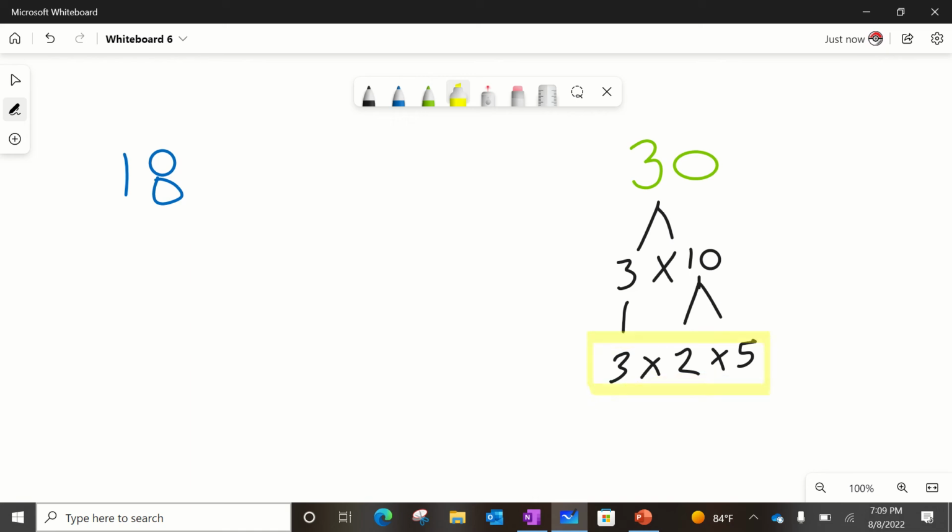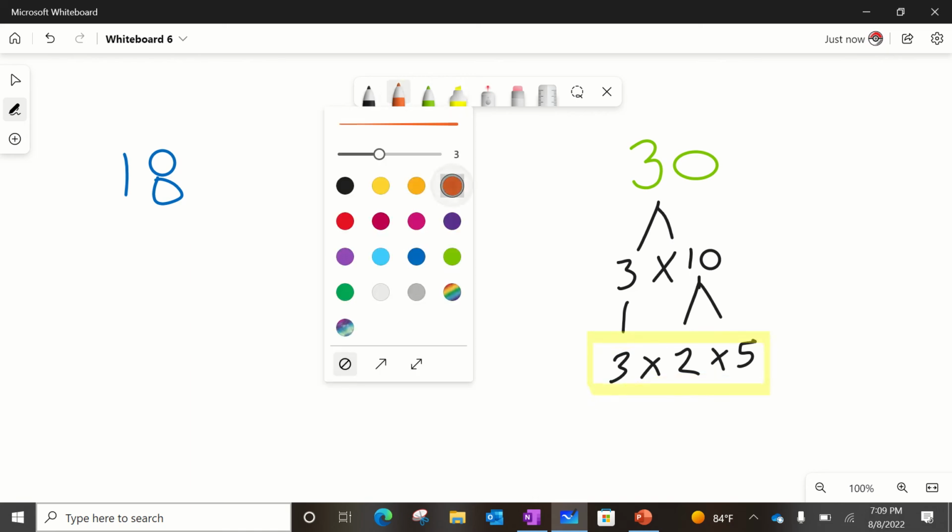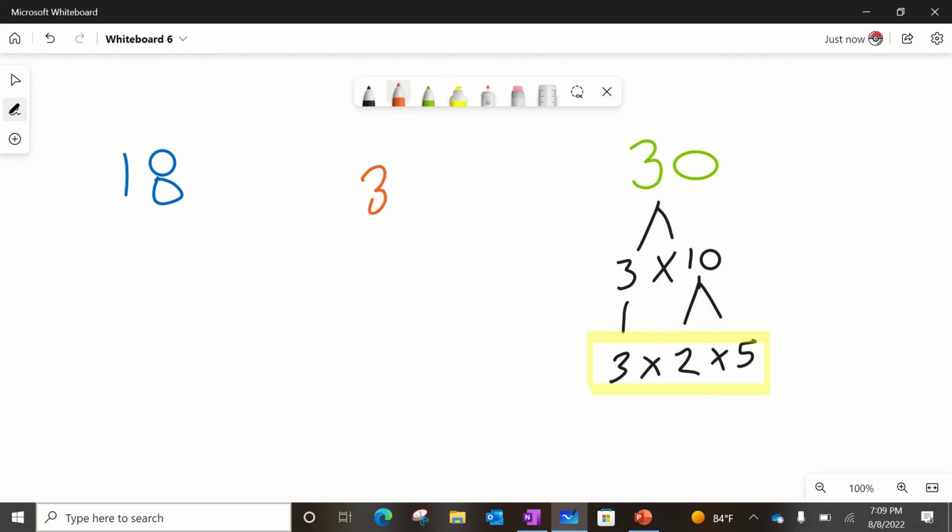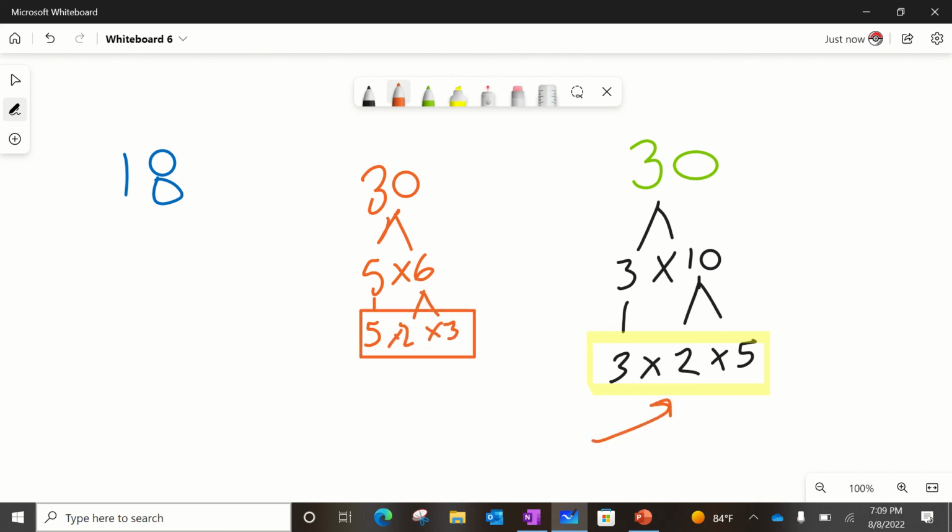Now, before I do this, I'm going to show you what would have happened if I did 30 a different way. So let's say I broke up 30 into 5 times 6. The 5 is a prime number, bring it down. 6 can be broken up into 2 times 3. I would still end up with 5, 2, and 3, just like I did here, just in a different order.